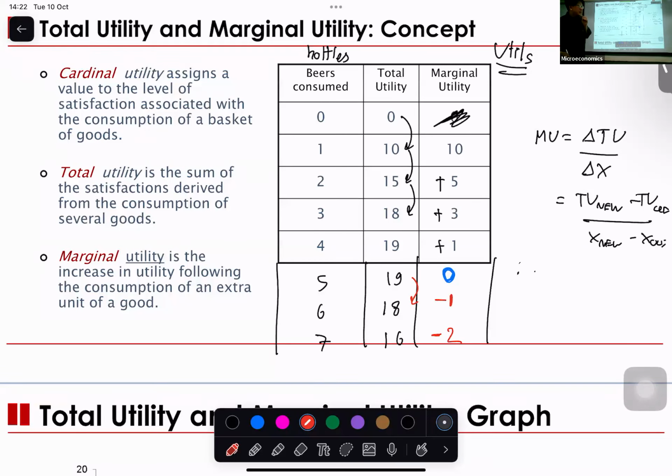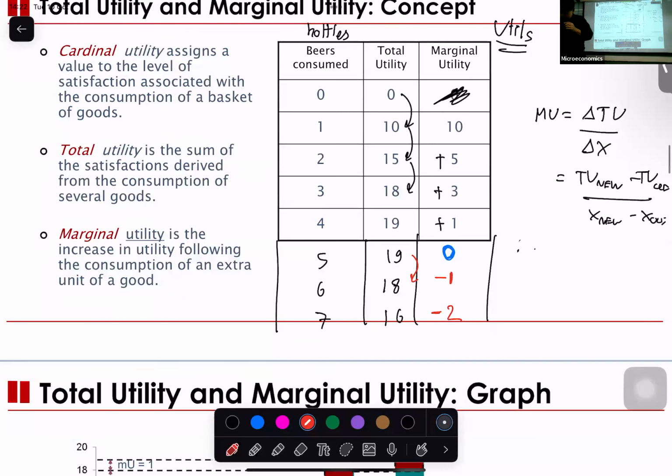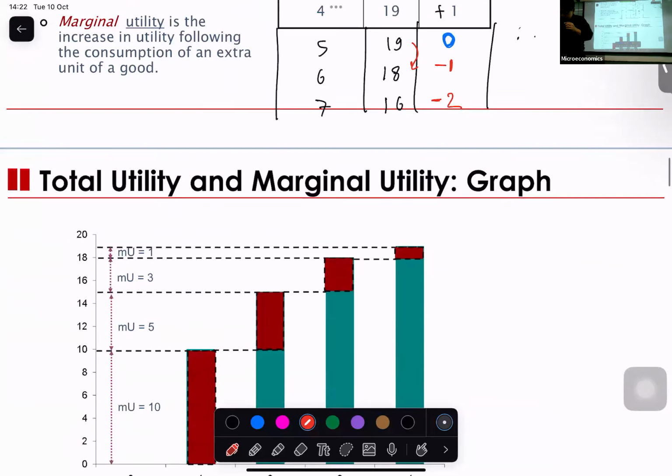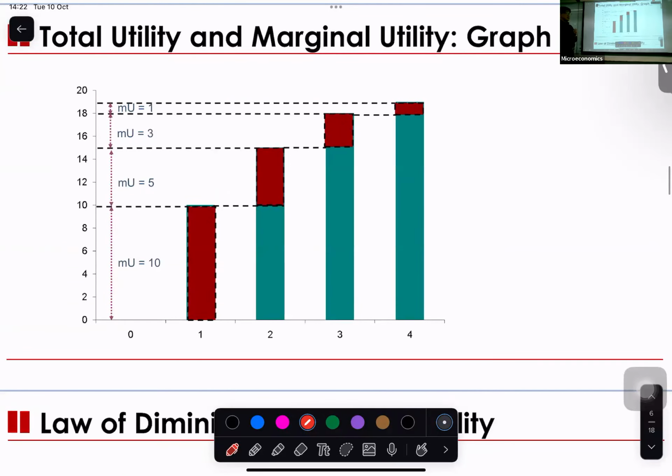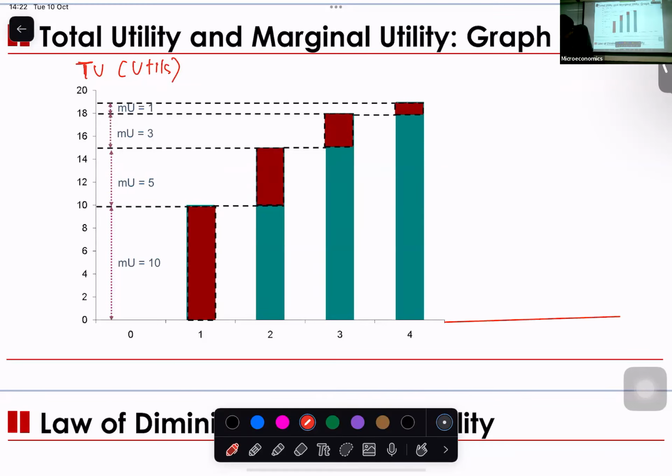So let's plot the two curves. Okay, visualization from this is easy. Look at this. This is total utility, TU in utils. Since I introduce more bottles, I have to extend the horizontal axis.